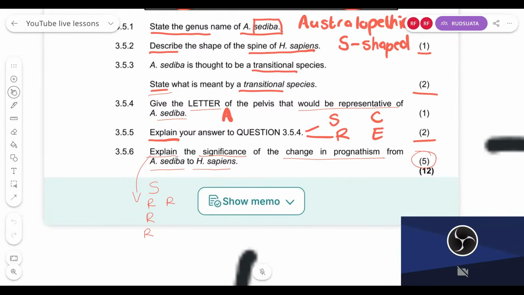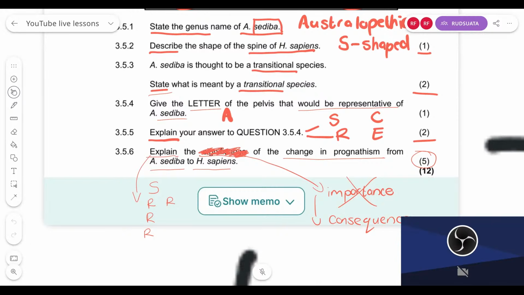The next thing that matrics are going to overlook is this word over here, significance. A lot of people and matrics think that it means importance, but it actually doesn't. What it actually means is, what is the consequence? In other words, what is the outcome? If you substitute the word significance, like if I just got rid of that, you will actually write a better answer if we ignore that word.